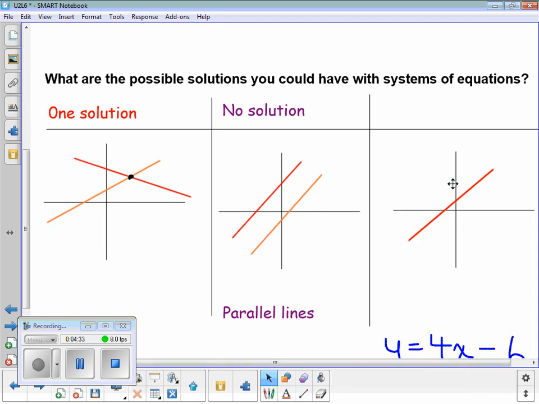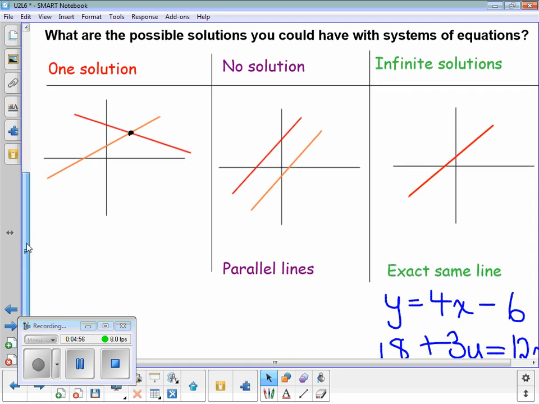It's just that in this case, there are what we call infinite solutions, which means there are millions of solutions, an infinite number. We can't find them all, because they're intersecting at every single spot. When you have this situation, they're not parallel, it's what we call the exact same line.